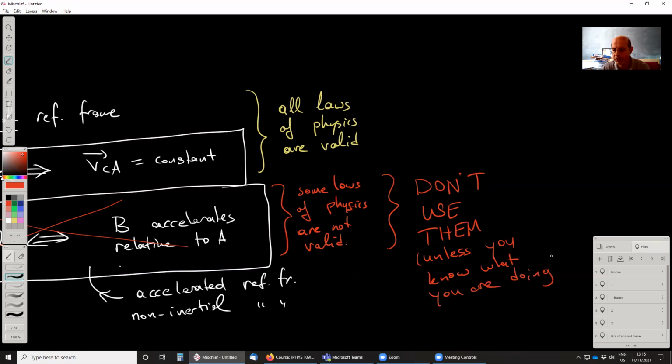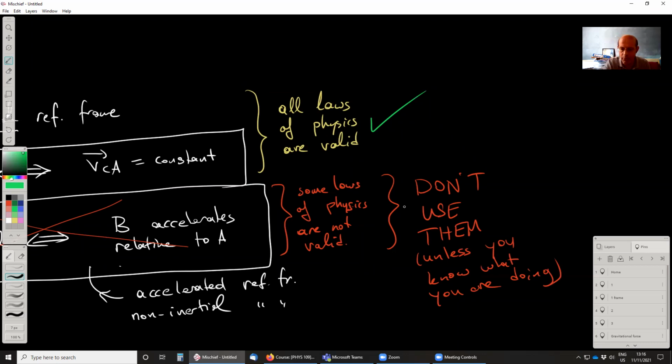That's important actually, but that's something that I'm going to stress on later. So use only inertial reference frames because all the laws of physics that you are going to see in this course or later will be valid in inertial reference frames. Some of them will not be valid in the other ones, right? And that's the reason why we don't use these other reference frames.